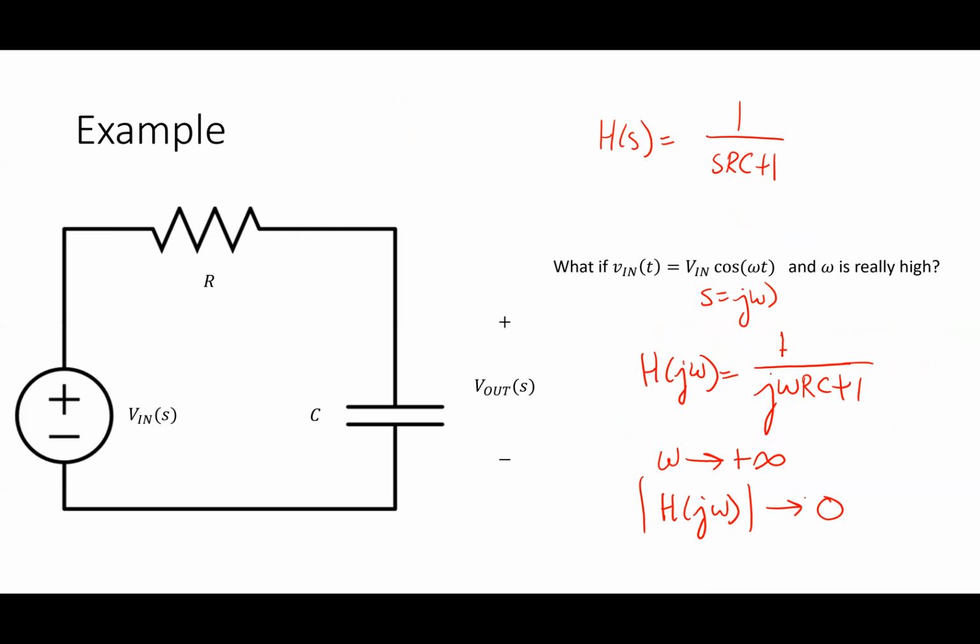First of all, we talked about this in the previous class, right? If V in has that shape, V in cosine omega t, what's the amplitude of V out always, in general? It's going to be the amplitude of the input times what?